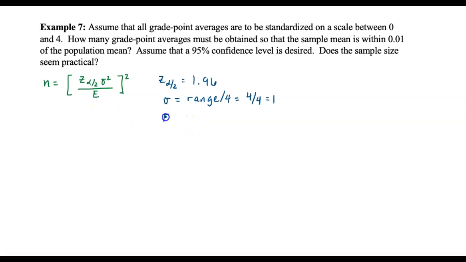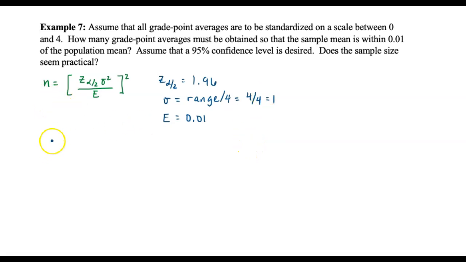Next, our maximum error is just given in the problem. We're asked how many grade point averages must be obtained so that the sample mean is within 0.01 of the population mean. We know that the maximum error is just the difference between the sample mean and the population mean, and so this is just going to be 0.01. And we've got everything we need.